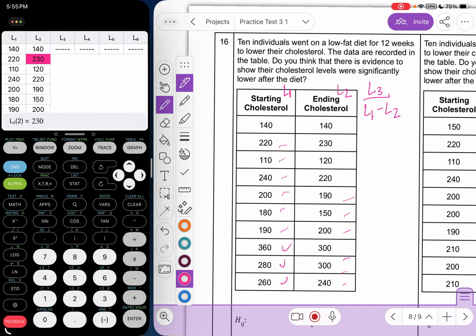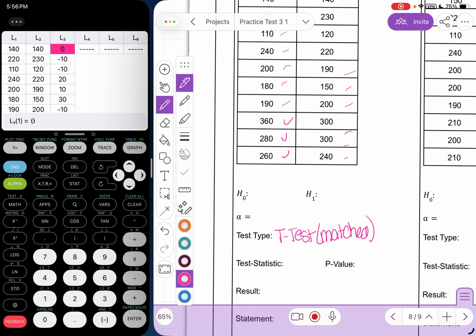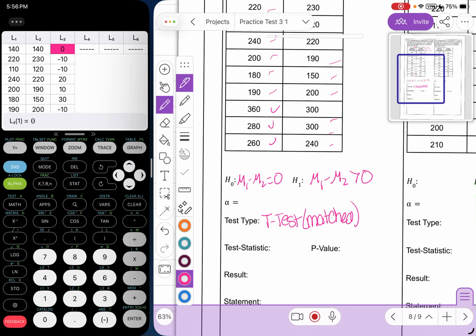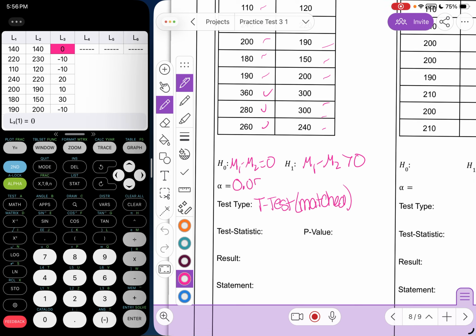Okay. And then L3, I arrow up to the top, do L1 minus L2. Okay. If they are lower after the diet, this number minus this number should still have something left. So our H naught is going to be mean 1 minus mean 2 equals 0. That means they were the same. And the mean 1 minus mean 2 should be greater than 0. Because if the numbers got smaller, we'd still have something left. It does not give us a level of significance, so it's 0.05.